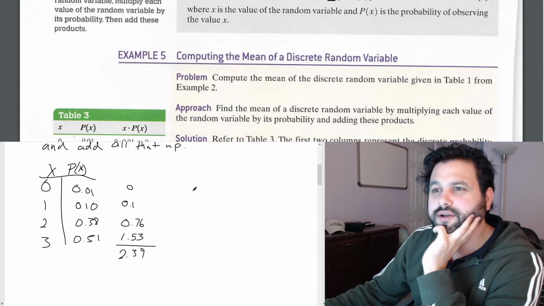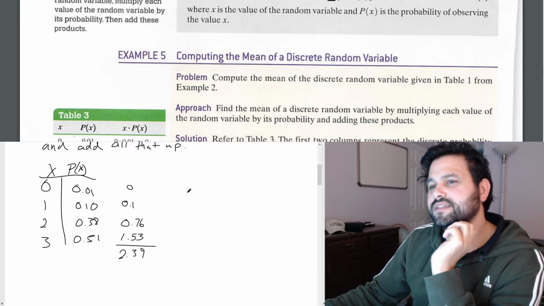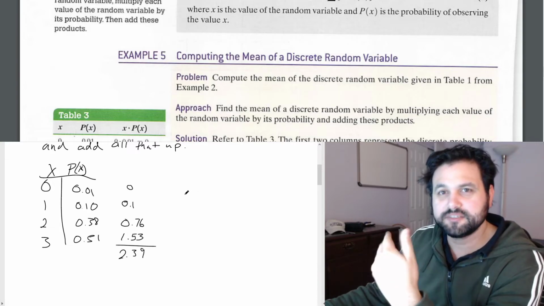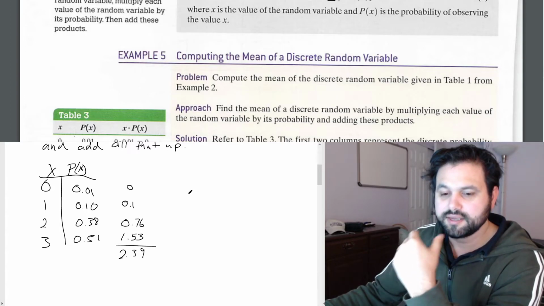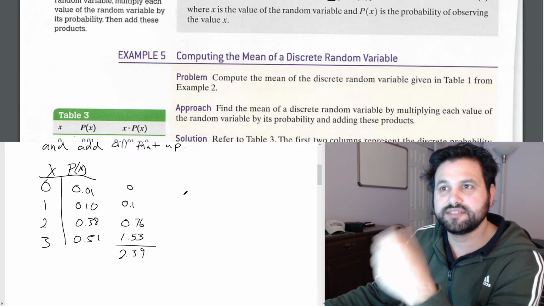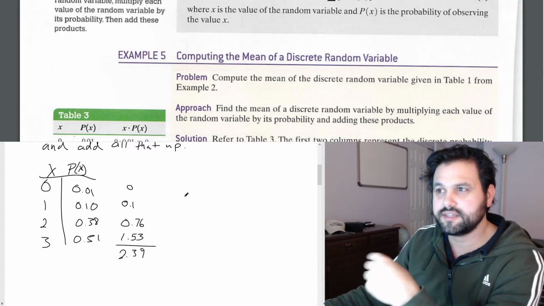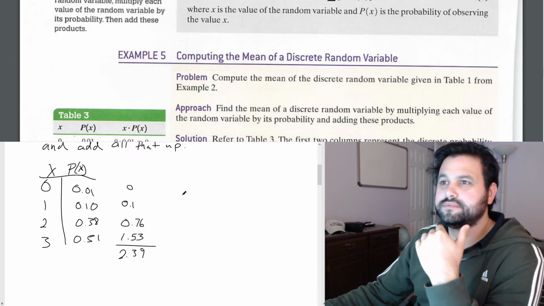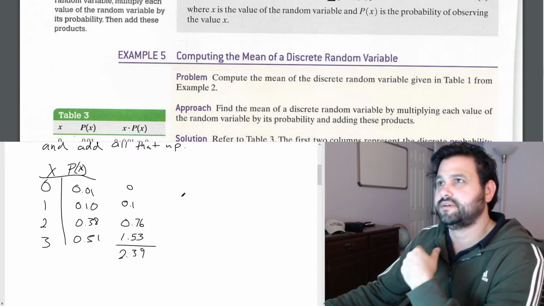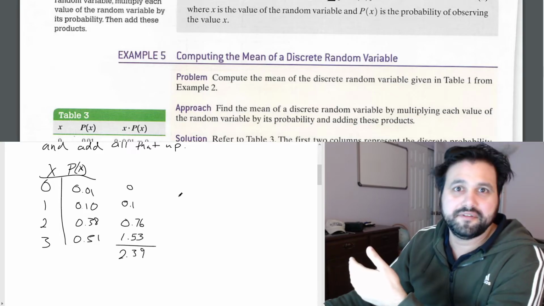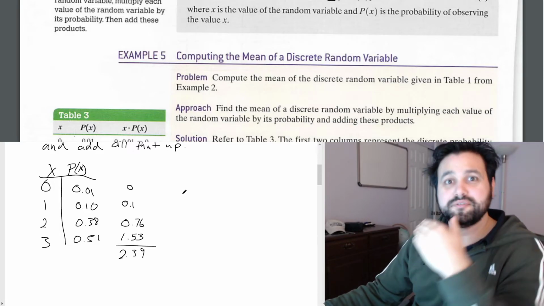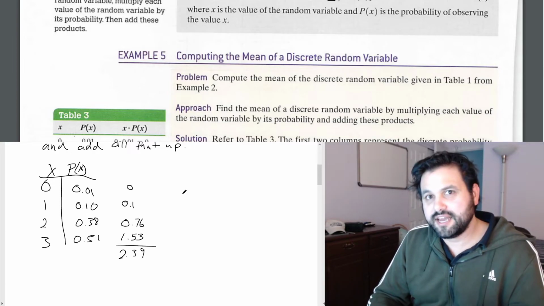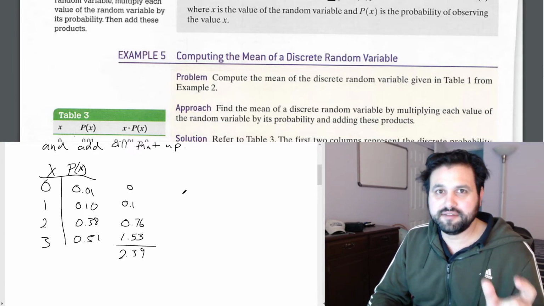So what the average means is that if we repeat this experiment, right? If we continually take sets of 3 free throws, like let's say every hour of the day you take 3 free throws, you're repeating that over and over again, and you're recording every time how many free throws you made out of the set of 3.